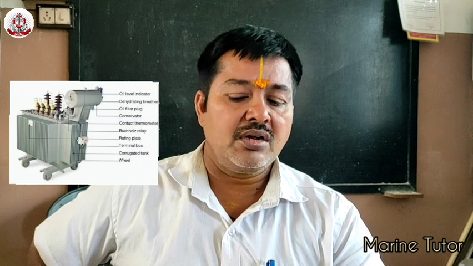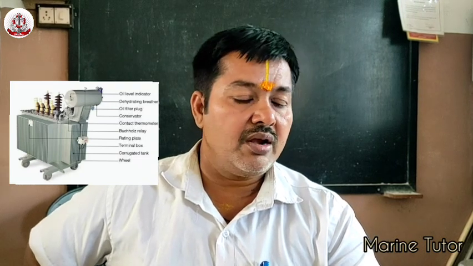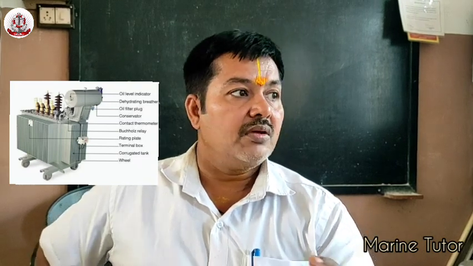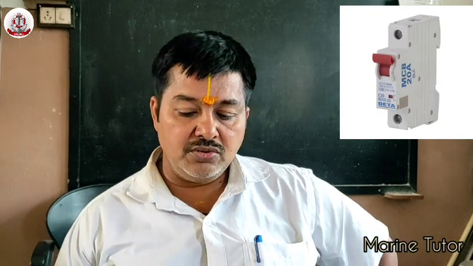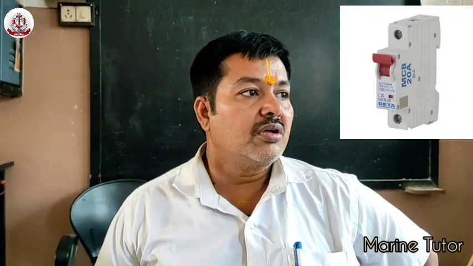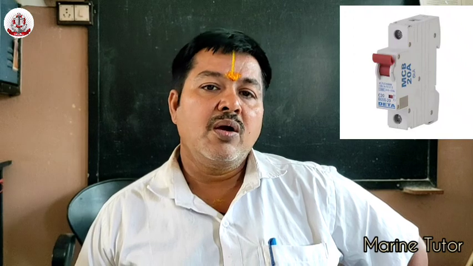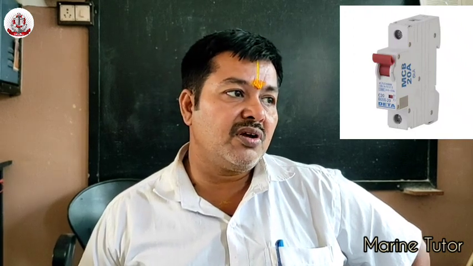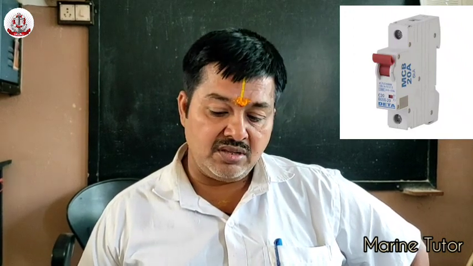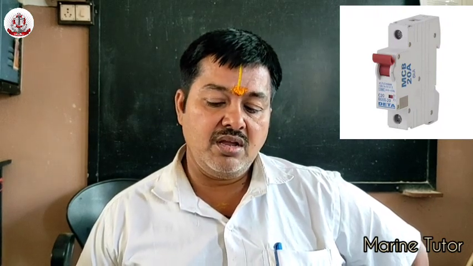Circuit breakers consist of oil and air circuit breakers. Using oil circuit breakers, periodical change of oil is required. Here the oil filled is transformer oil.